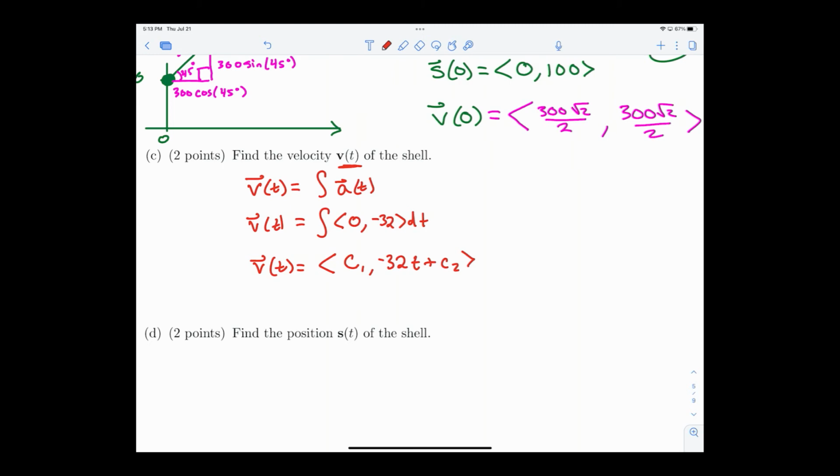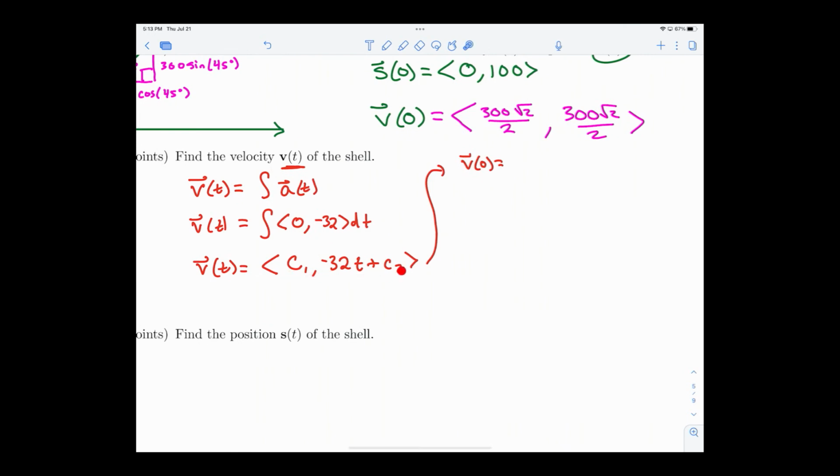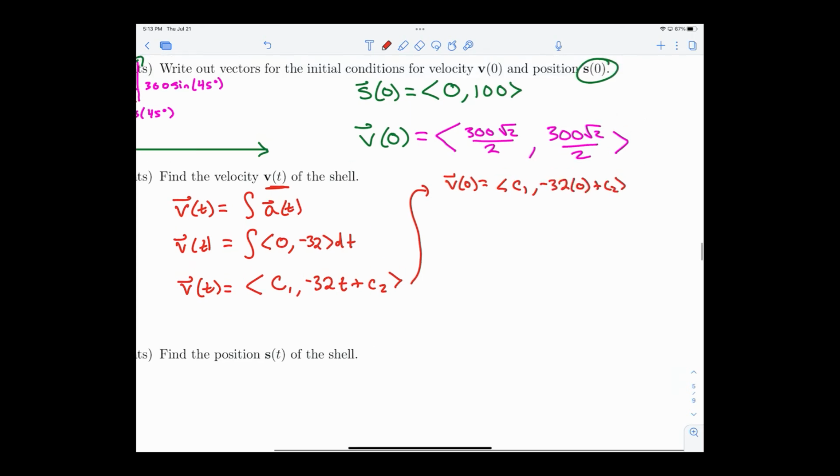So v(0), plugging 0 in here, is going to be c1, negative 32 times 0 plus c2. v(0) is known to be 300 square root 2 over 2.